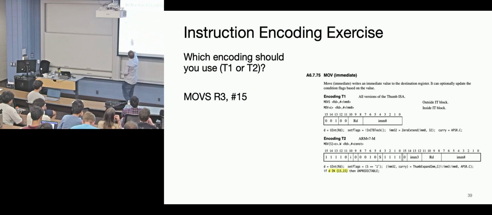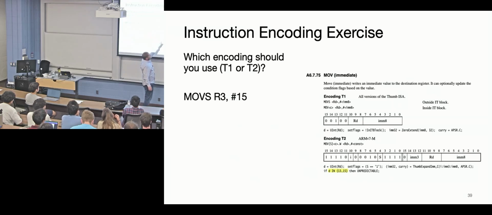Okay? So which encoding, T1 or T2, would you use for MOVS R3, immediate 15? Sorry, I was thinking more, which one of these instructions would you use?